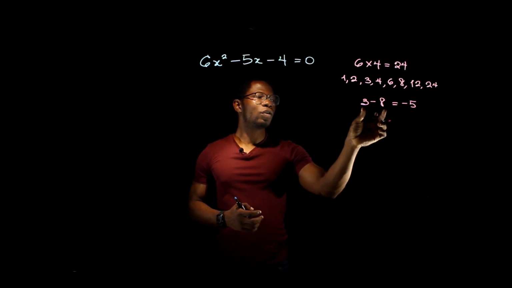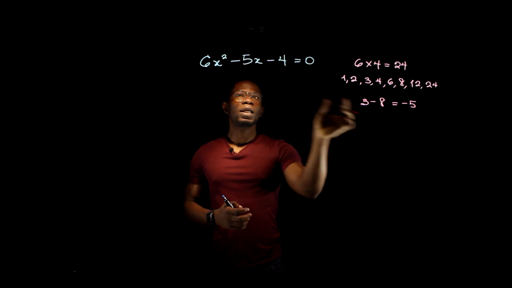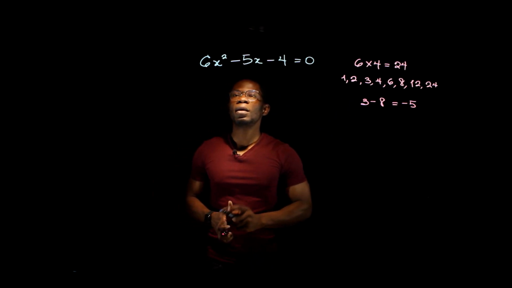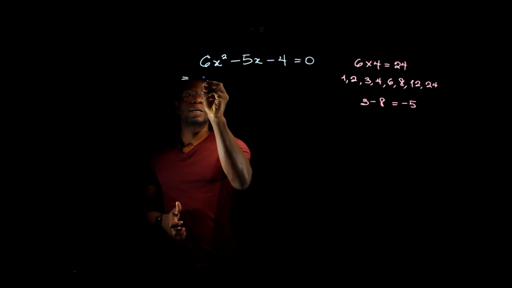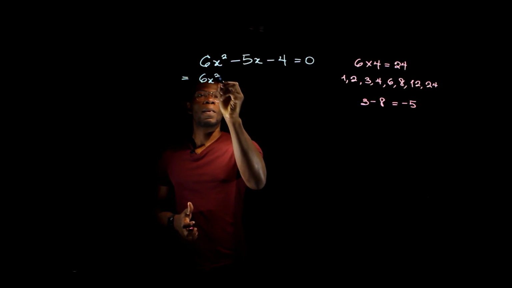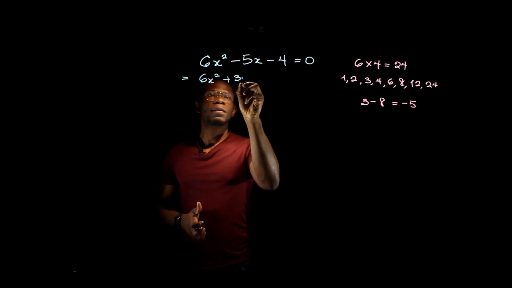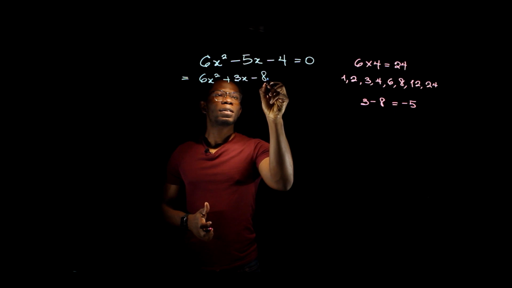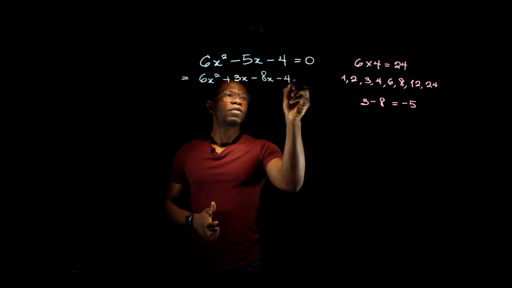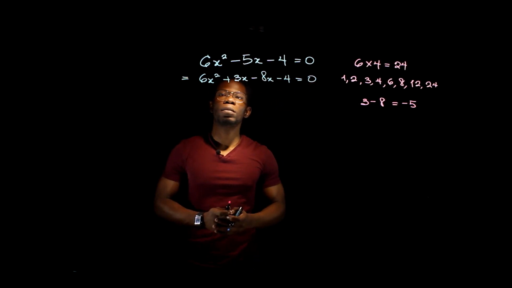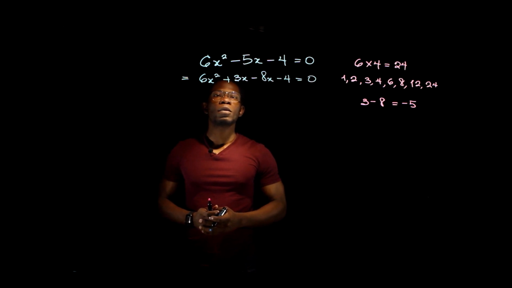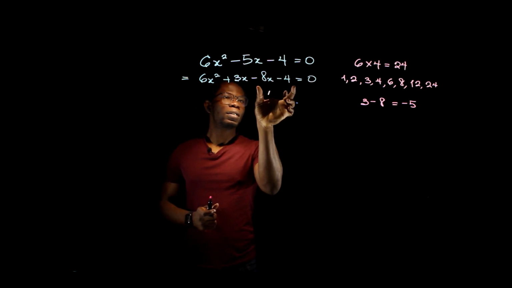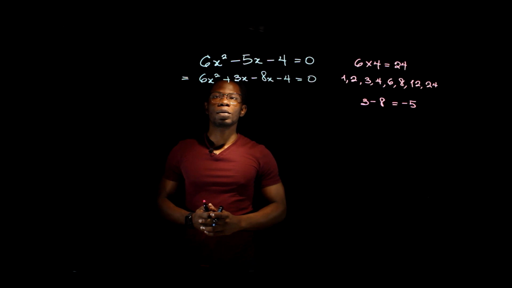So let's substitute 3 minus 8 for minus 5x here. And so this new equation will become 6x squared plus 3x minus 8x minus 4 equals 0. So the next step is to factorize this equation.